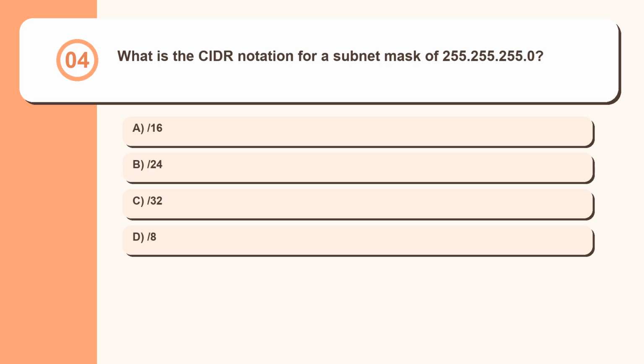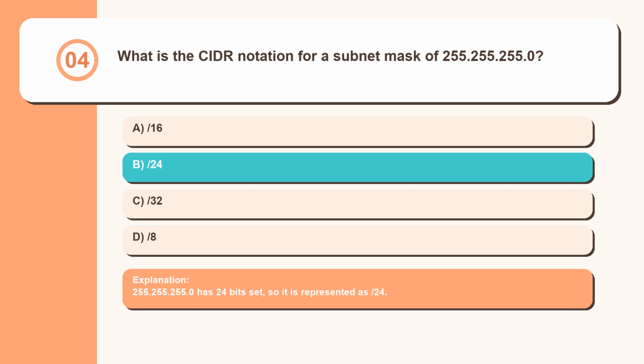What is the CIDR notation for a subnet mask of 255.255.255.0? /16, /24, /32, /8? 255.255.255.0 has 24 bits set, so it is represented as /24.